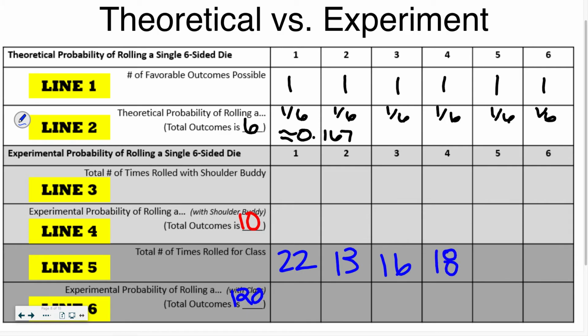Okay, how many times did you roll 5? 0, 2, 2, 4, 5, 7, 9, 11, 15, 16.